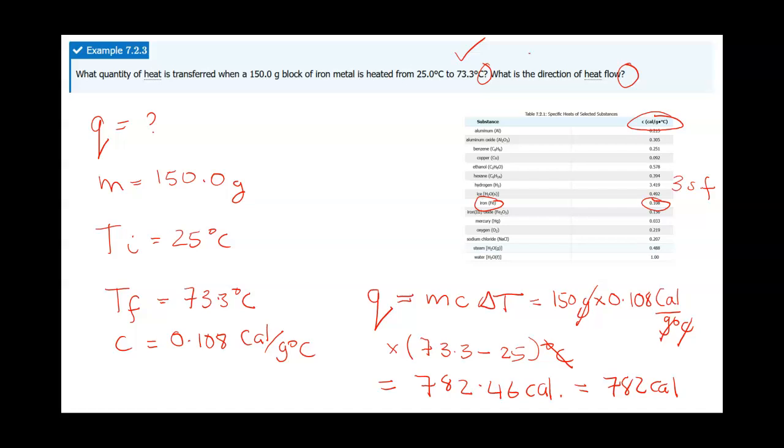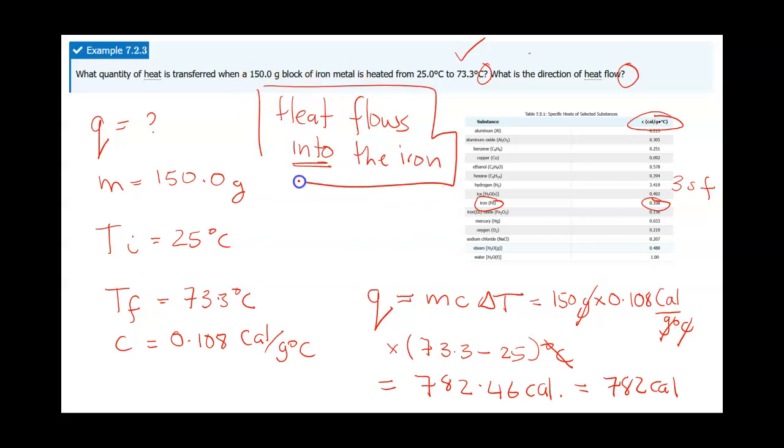So the temperature of our block of iron is increasing, so we can say that heat flows into the iron. Okay, heat flows into the iron. Okay, so not too bad.